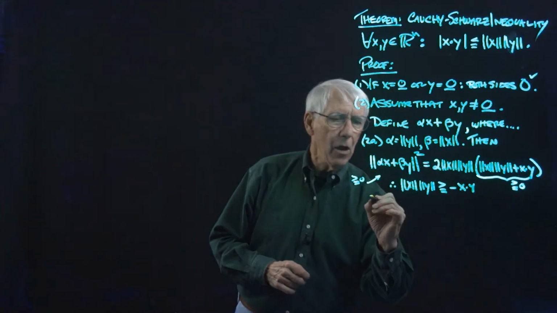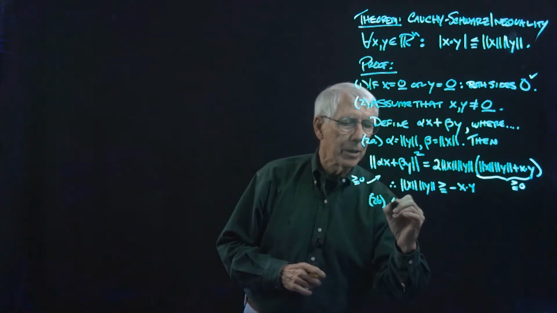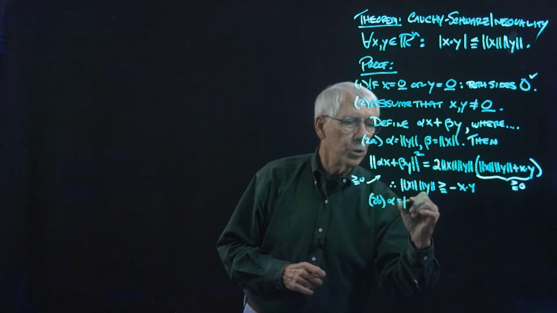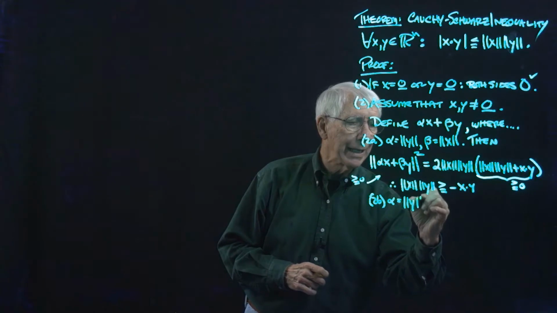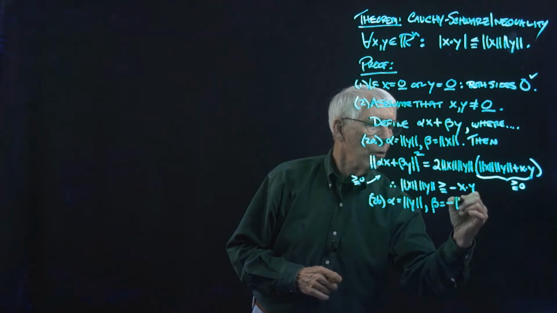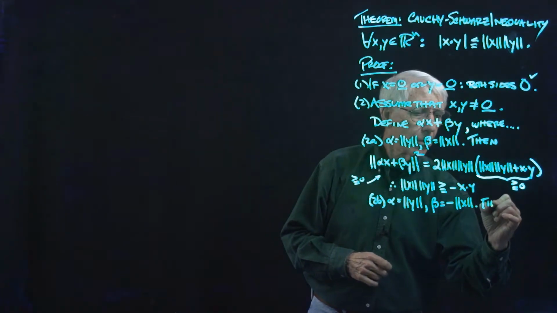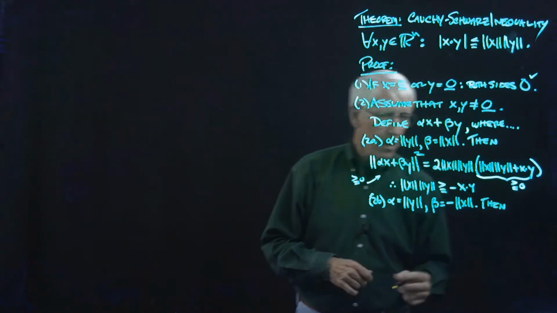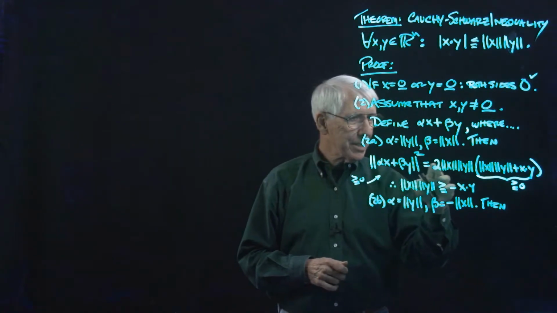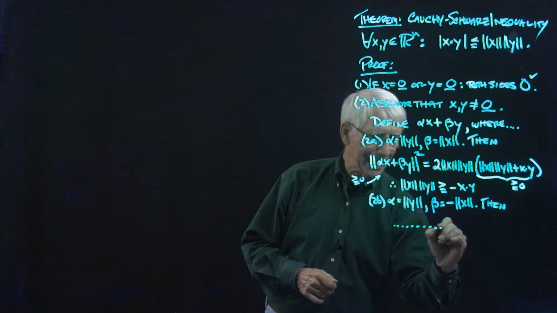Okay, so now I'm going to do almost the same thing. I'm going to have alpha equal to the norm of y again, and I'm going to have beta equal to minus the norm of x. Then I'm going to get exactly the same thing, so let me just do dot, dot, dot.